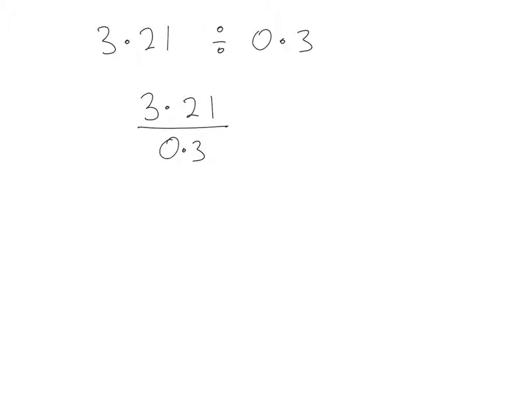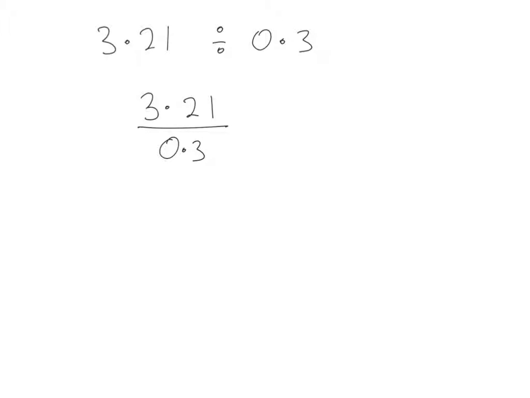Now we wouldn't normally write fractions with decimals in them, but we're doing it just to serve this point, and that is because 3.21 divided by 0.3 is just a fraction, 3.21 over 0.3, we can use our equivalent fraction logic to make our problem easier to deal with.